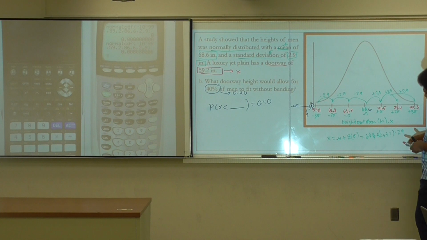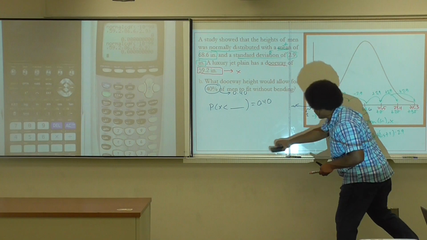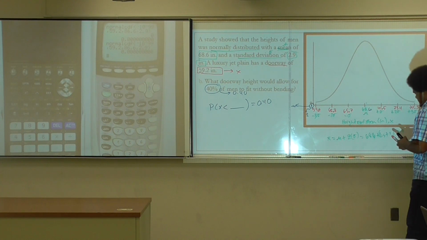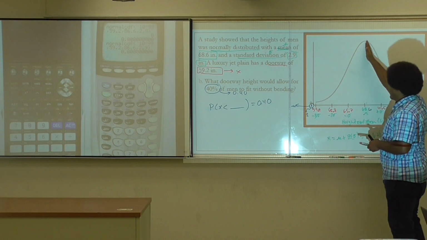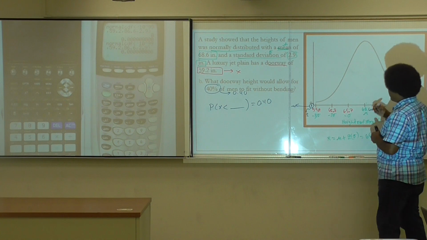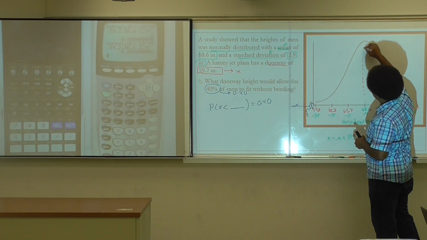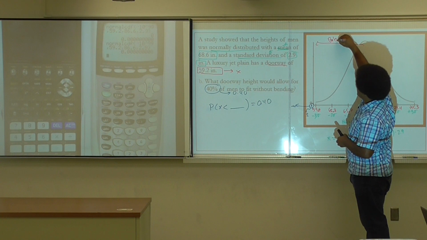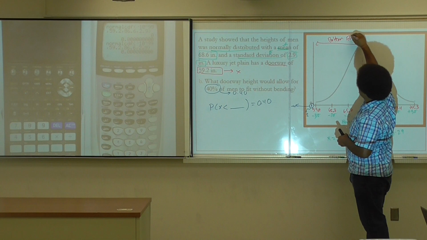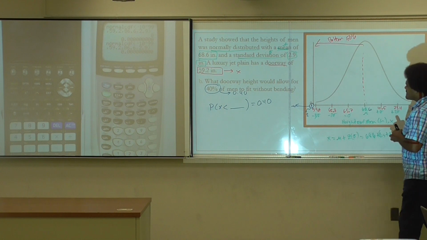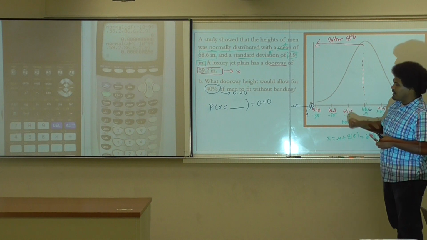Let me erase what's here on top, where we got this guy out of the way. But what we're seeing here is, well, we know that the mean and the median is right here in the middle, which separates the bottom 50%. So we know this whole portion right here is the bottom 50. So we know our measurement is clearly going to be less than that.